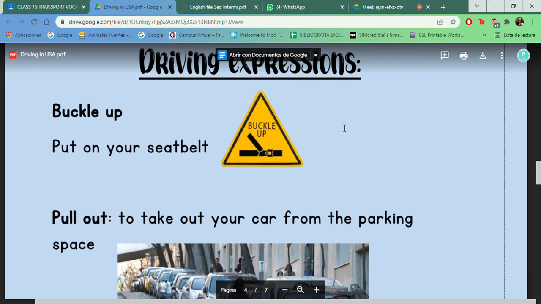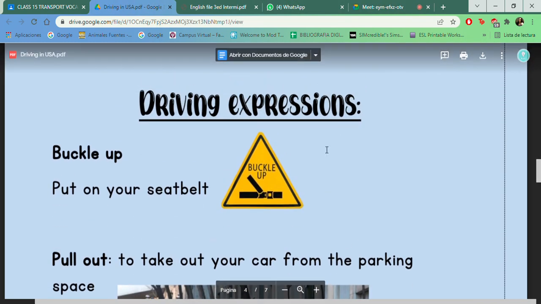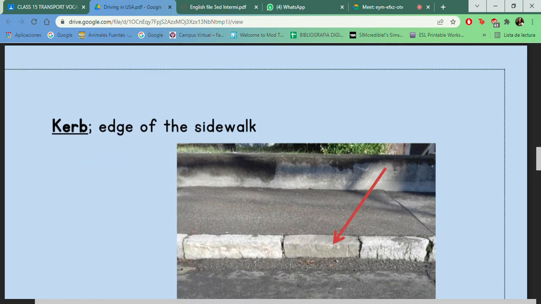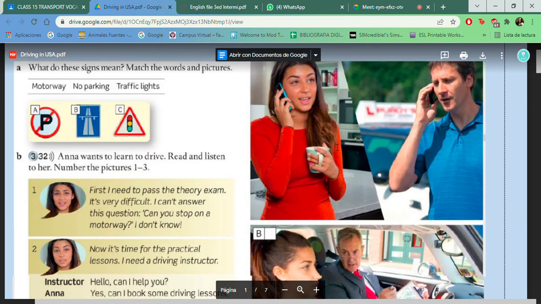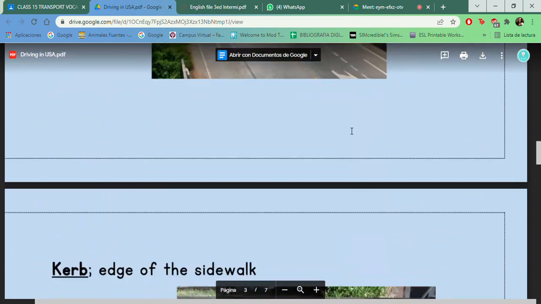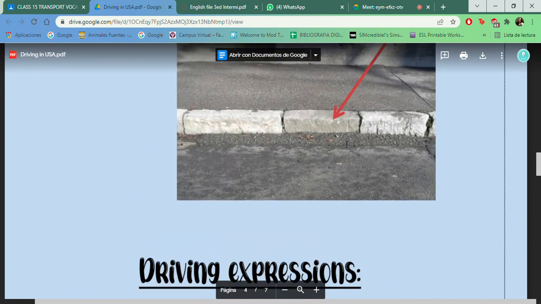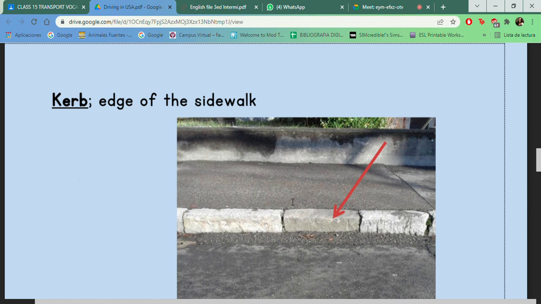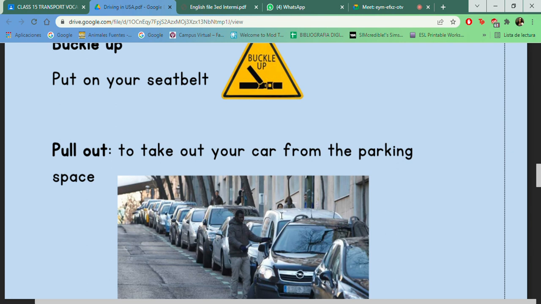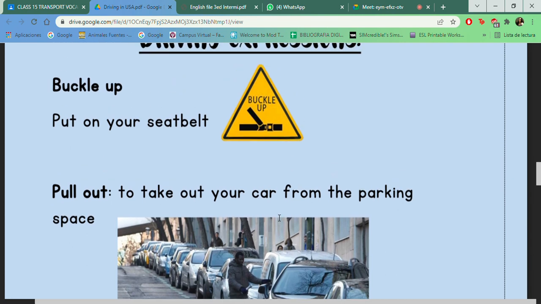Then we have here an American expression, because this is driving in the USA. Great, excellent. Great, curb and the sidewalk. You have the road and the sidewalk. Great. It's a very common expression in the USA. They buckle up.